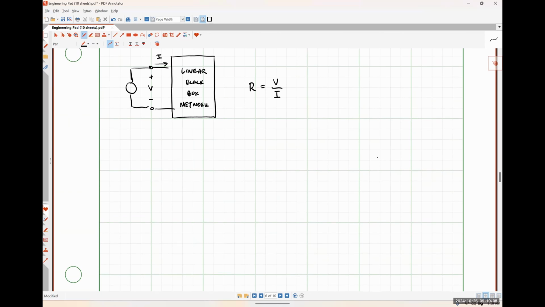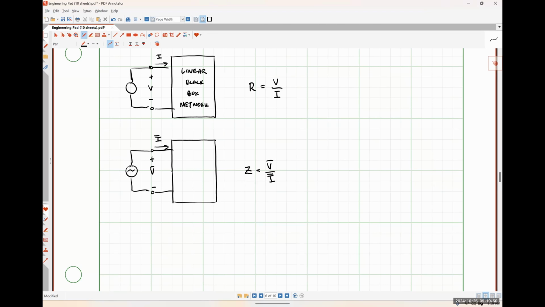So if I take that same linear black box network and I sinusoidally excite it, doesn't matter if I apply a sinusoidal voltage or a sinusoidal current, and I measure the phasor voltage across the terminals of the network and the phasor current flowing into the network, I get what's called the impedance Z, where Z is just the ratio of the phasor voltage to the phasor current.